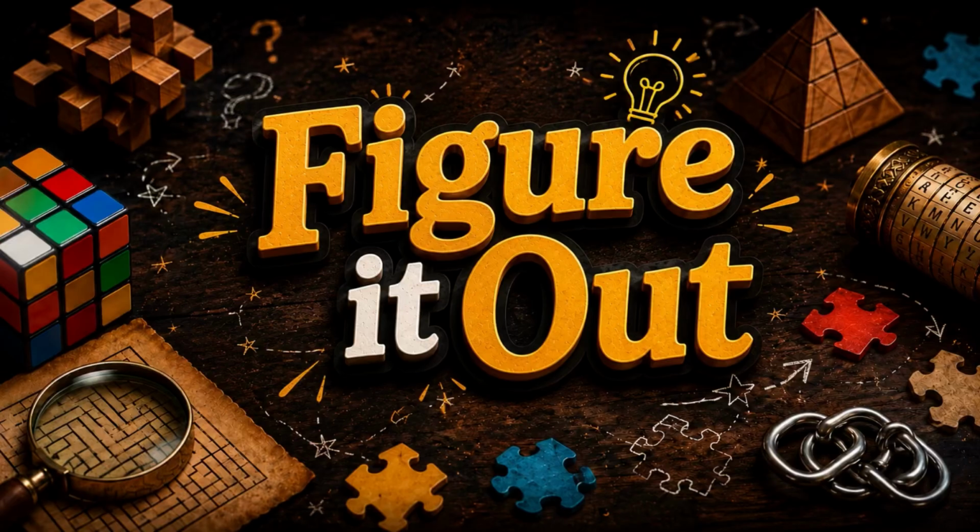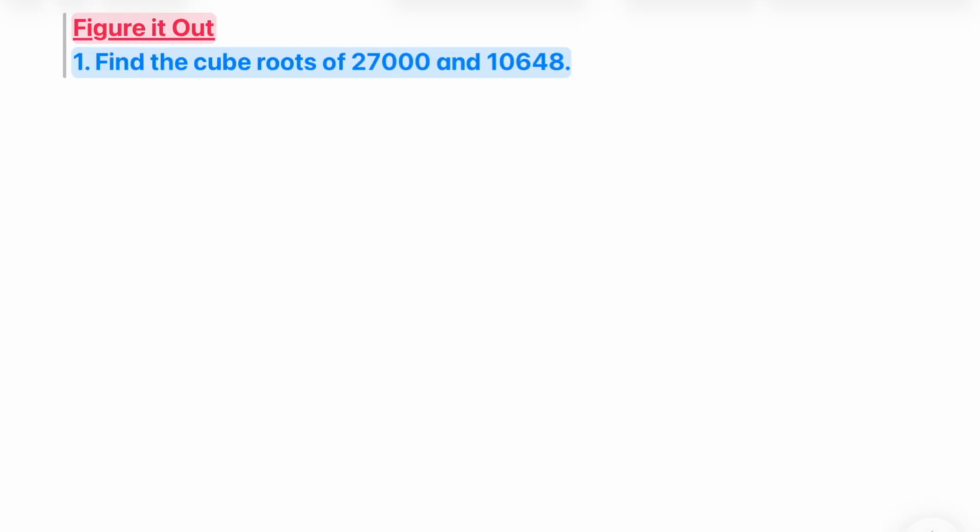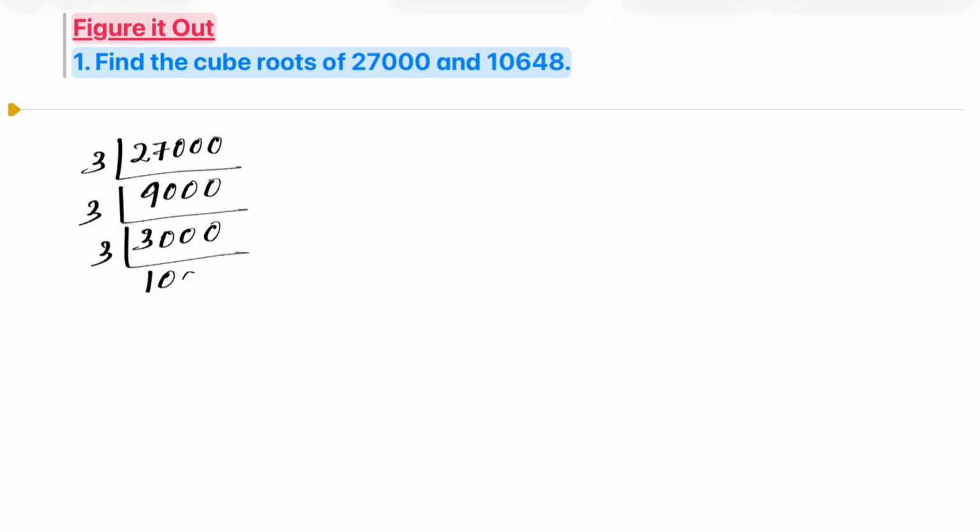Now we will do questions from Figure it Out. First question is to find the cube roots of 27,000 and 10,648. First we will find out cube root of 27,000. So first we will do its prime factorization.